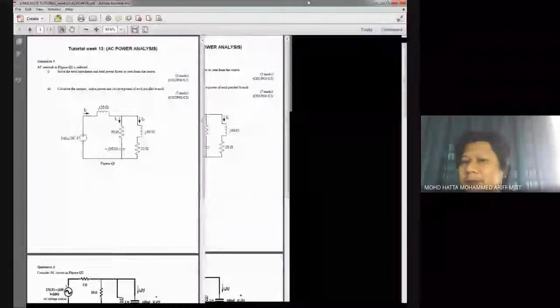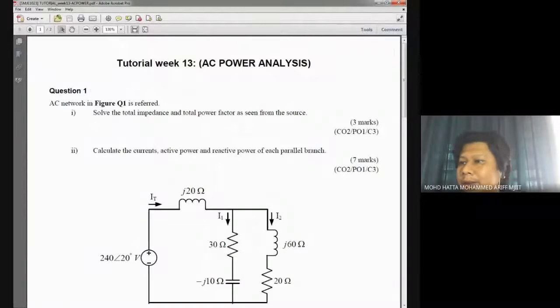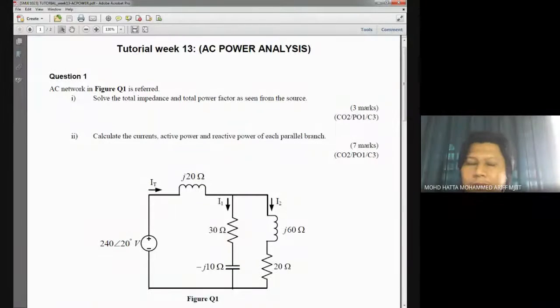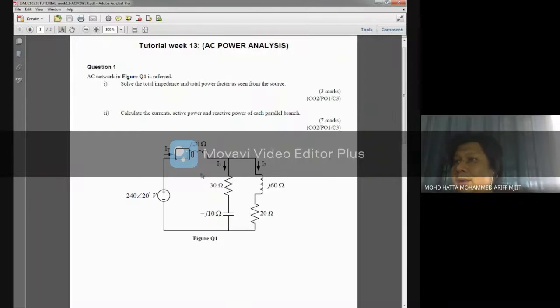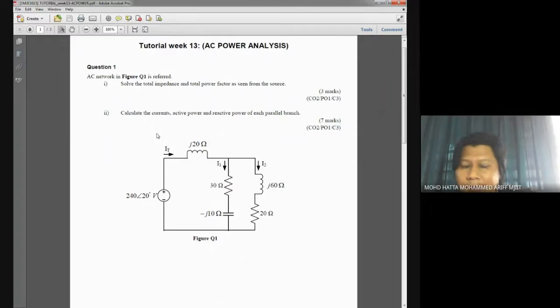All right. Looking at the tutorial over here, can you see the tutorial here? You can find this question in e-learning as well. You can download it later on, or now if you want to download it now also can. Okay, we have two questions this time. The first one is a bit similar to what we have seen in our exercise.